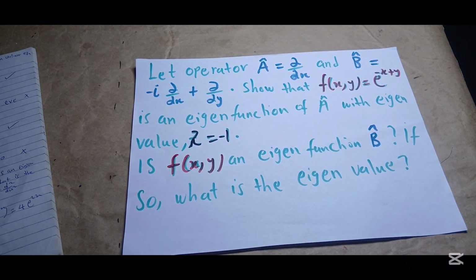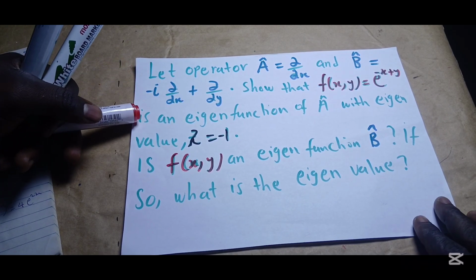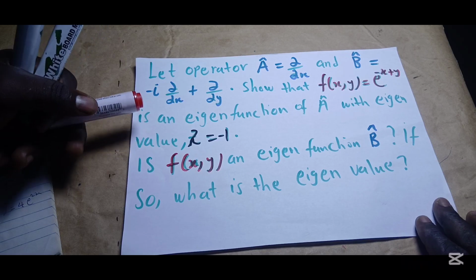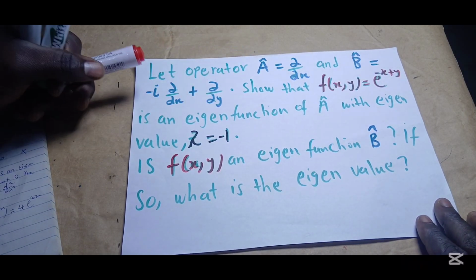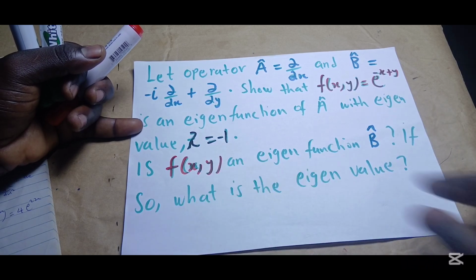So this question is twofold. The first part is asking us to show that f of x and y is an eigenfunction of operator A with an eigenvalue of -1.